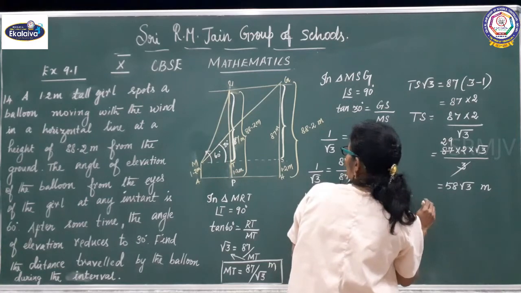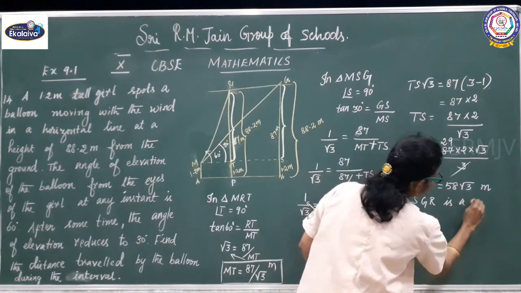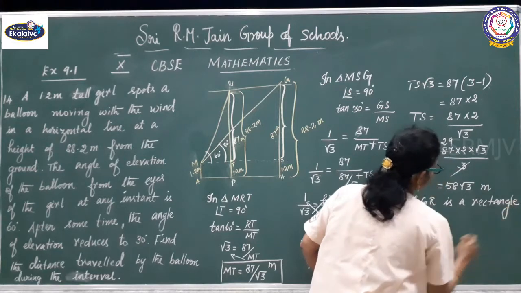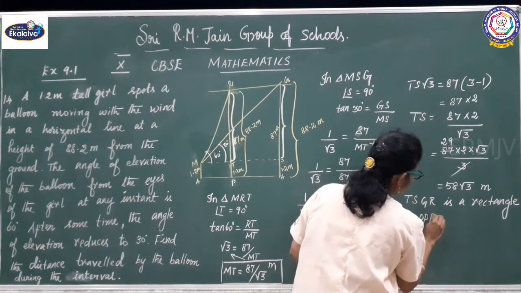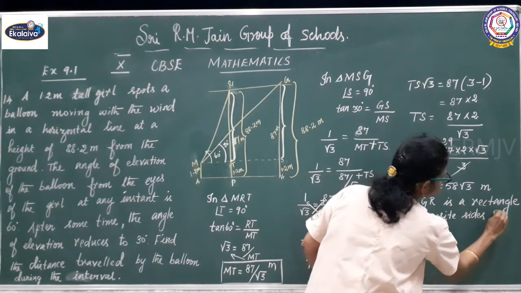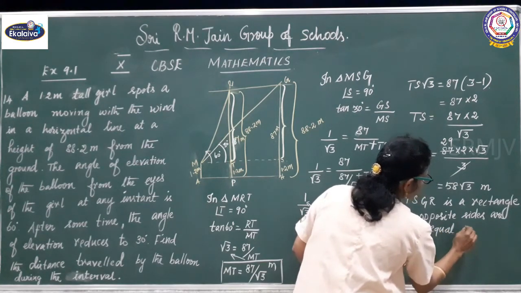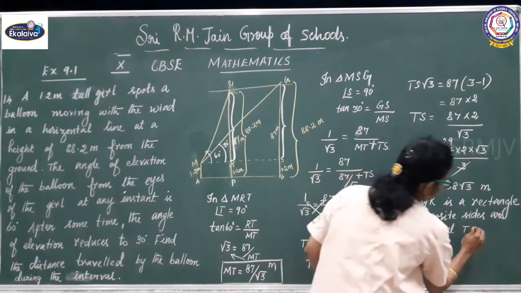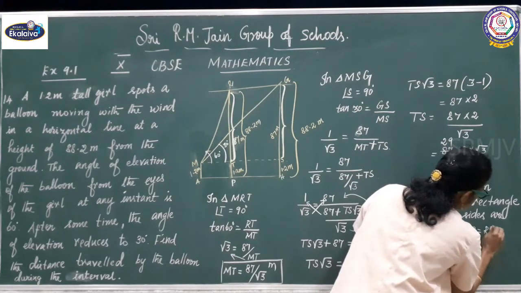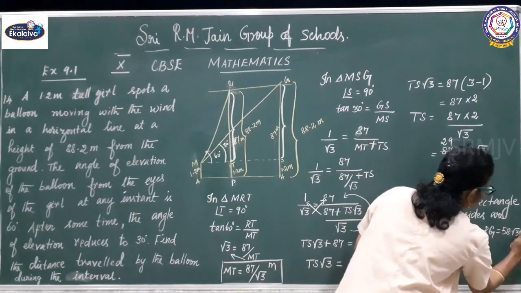The figure says that in a rectangle opposite sides are equal. That is TS equals RG, which is equal to 58 root 3 meter.